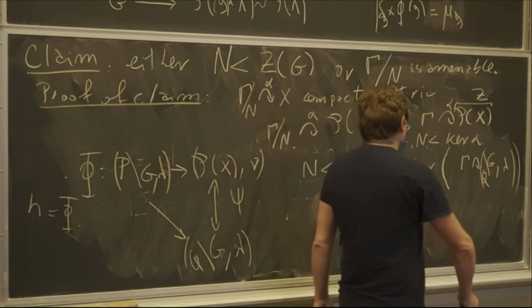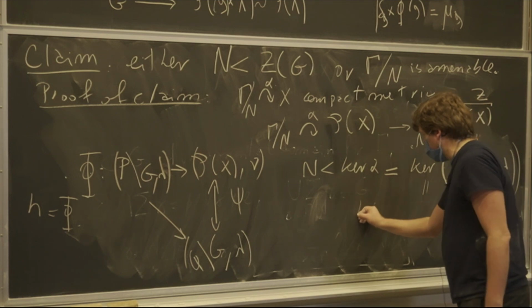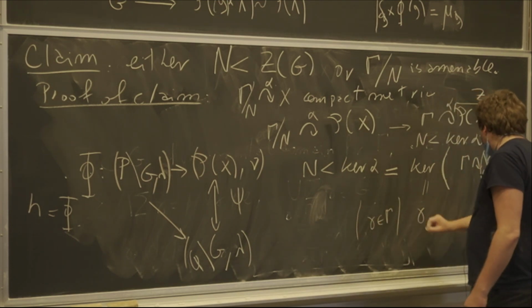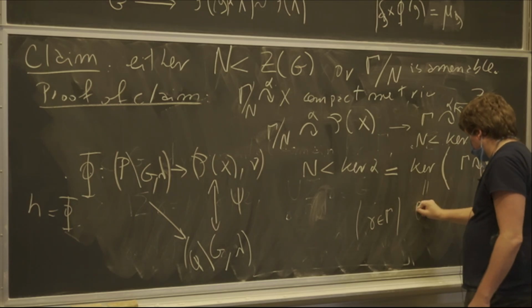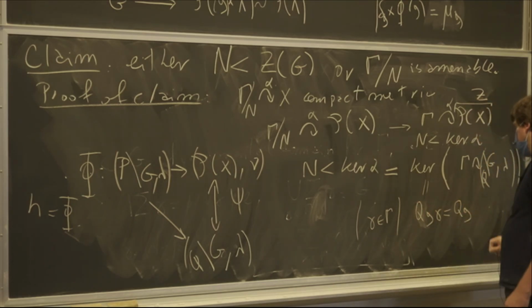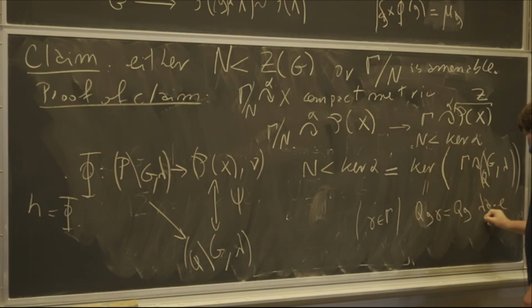More explicitly, these are all the gammas in Gamma such that QG gamma equals QG for lambda almost every QG in Q mod G. So it's enough to be equal to the identity lambda almost everywhere to be in that kernel.